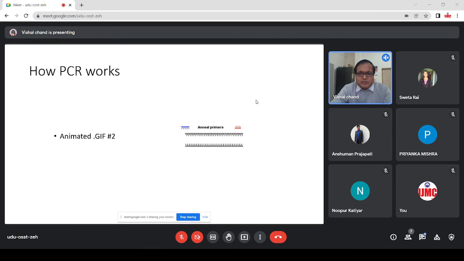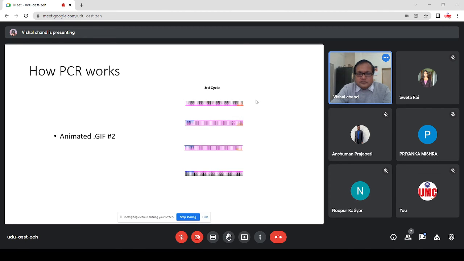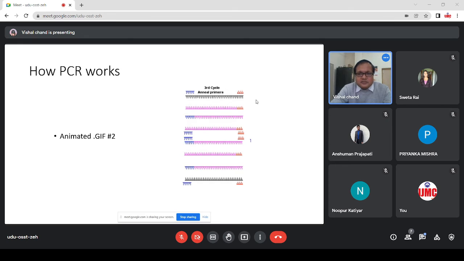Now the first step you can see is denaturation, annealing, replication. Second cycle, then further denaturation, annealing, replication. Third cycle, annealing, replication.